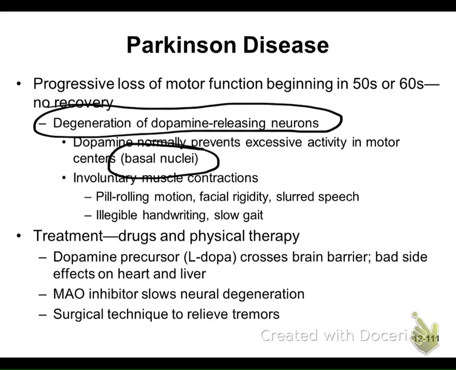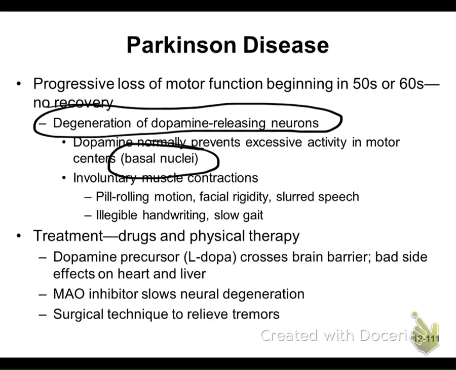Remember, if it's a cholinergic neuron, it's going to release acetylcholine. If it's an adrenergic neuron, it's going to release norepinephrine. If it's a GABAergic neuron, it's going to release GABA, and the list goes on. In other words, a neuron doesn't sit there with 100 different kinds of neurotransmitters in its synaptic knob and then somehow decide which neurotransmitters to release.